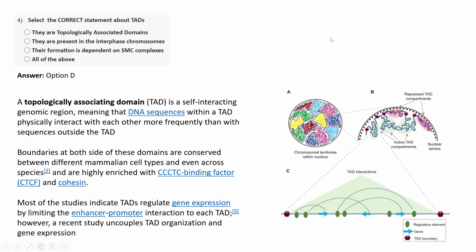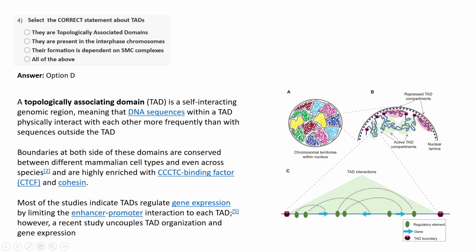In this DNA sequence, which is a single stage, but in topologically associated domains, due to binding of certain proteins, such as cohesins and the CTCF binding protein, it will form a loop structure and bring the two genes closer to each other, as you can see over here. These two ends are very far apart from each other, but due to looping, which is mediated by the proteins known as cohesins and CTCF, the genes are brought closer to each other.